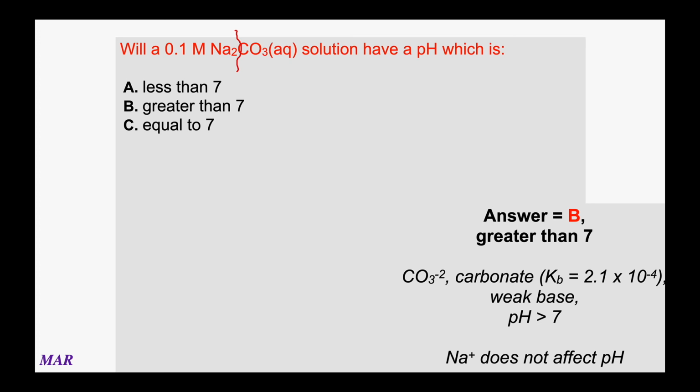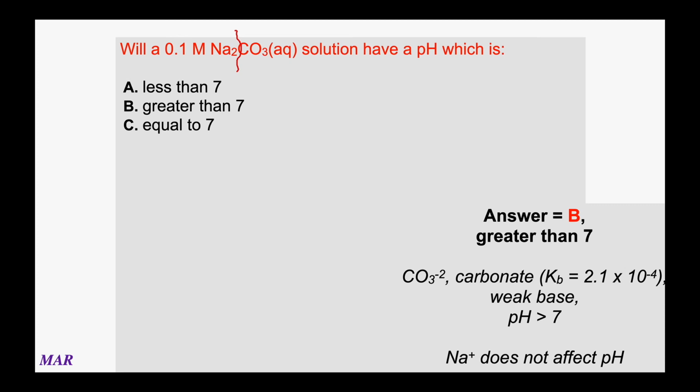Conjugates of strong acids and strong bases don't affect pH. This is another reason why I wanted you to memorize those lists of strong acids and strong bases earlier. That means that sodium, potassium, and lithium, the conjugates of the strong bases, won't affect pH, as well as chloride, bromide, iodide, nitrate, and perchlorate, the conjugates of the strong acids. So sodium was one of those I just listed.